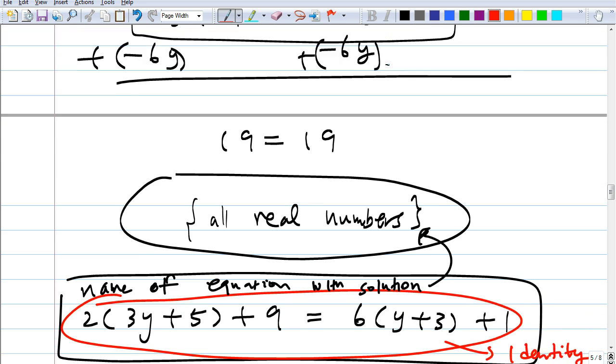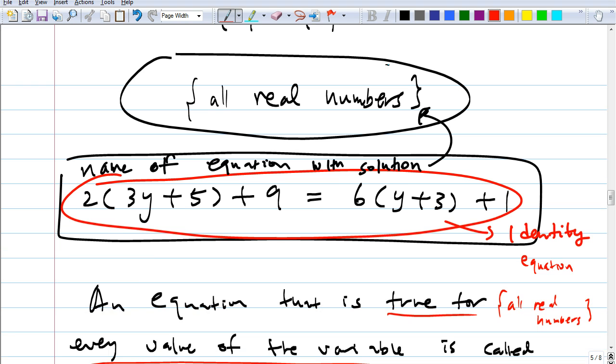Yeah, question? When we get our answer, do we have to write that it's... Good question. When they ask for a solution, what should we write? All real numbers with a brace, or should we write identity? When they're asking for a solution, all real numbers. This is your solution. Now, if they ask you, what kind of equation was that? Then you say, that's an identity equation.